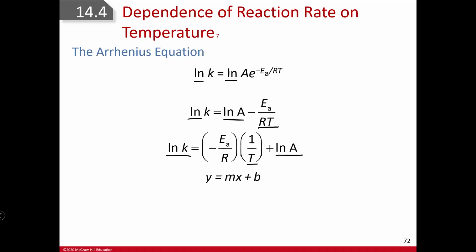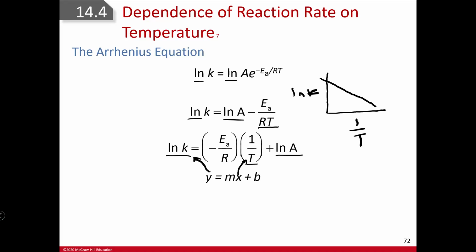I expect you to be able to say, okay, I know what this would look like. I want to draw a y-axis. I want to draw an x-axis. Y is ln of k. X is 1 over T. And because this is negative, I know the slope is negative, like so.